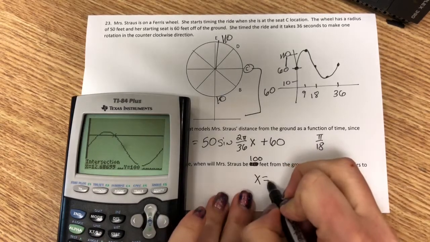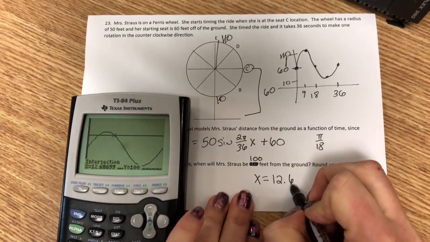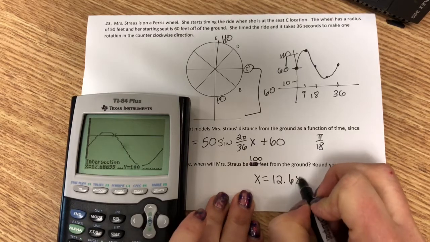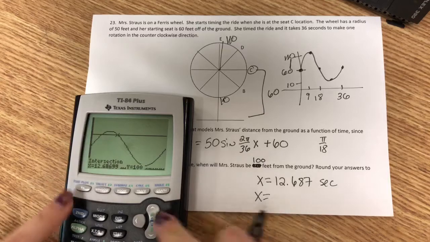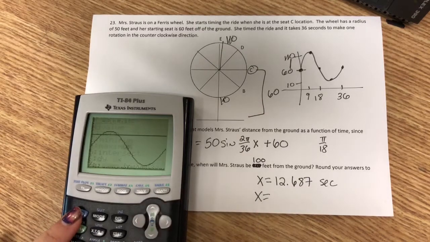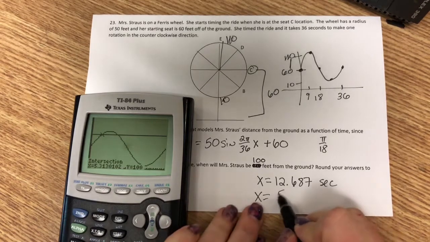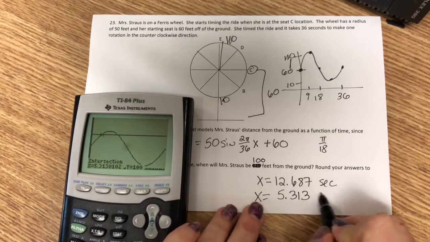And it says 3 decimal places, so that's 12.687. And then let's go find this one, second trace, intersect. Hit enter 3 times, 5.313 seconds.